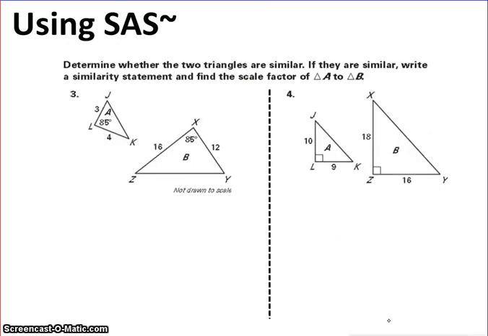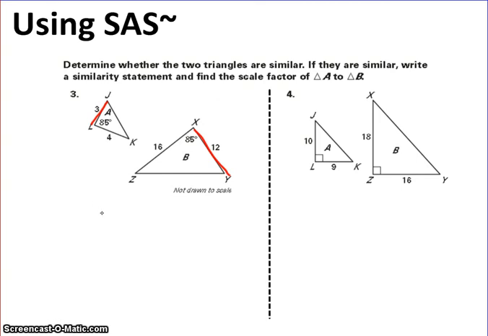Alright, so using side, angle, side, let's go ahead and determine the angle measures. So let's see. Scale factor. So we want to find the scale factor and determine if they are similar. So I have side 3 and side 12. So I'd multiply 3 by 4 to get 12.